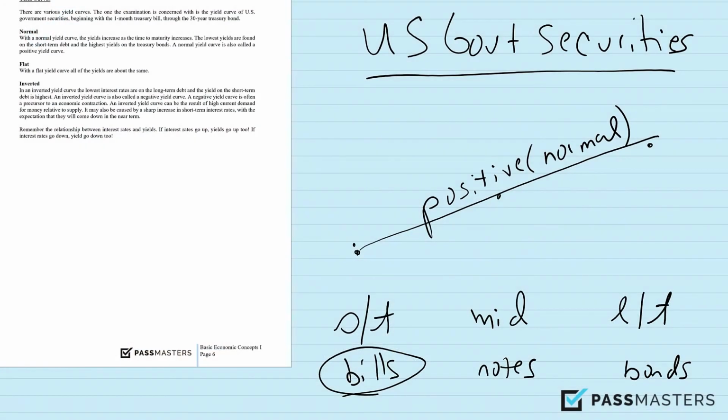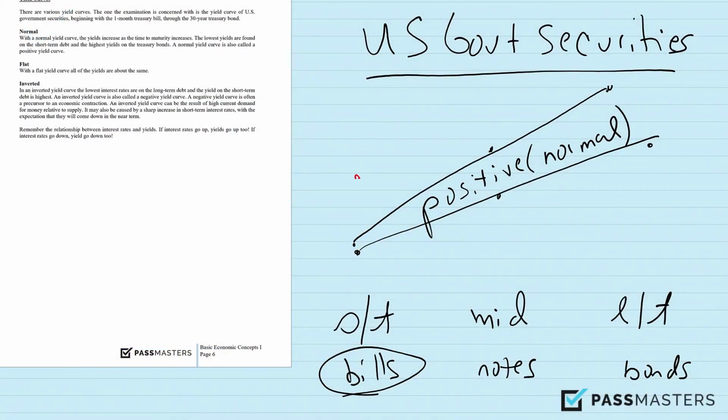Now let me ask you, if long-term interest rates go up, what's going to happen to the yield curve? If long-term interest rates go up, the yield curve is going to steepen because interest rates and yields move in the same direction. The positive yield curve is going to steepen.